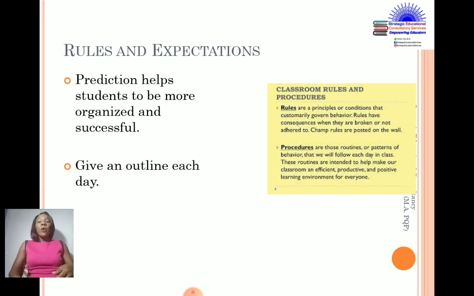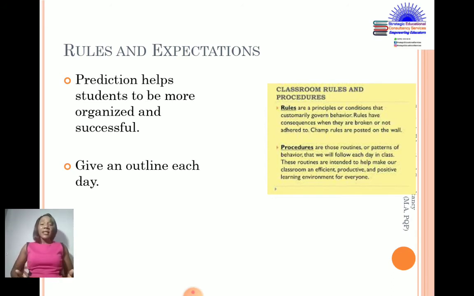You can move on to completing the activity, so they know what should take place each step of the way. And because they're able to predict what comes next, they become organized in their approach, and by being more organized, they have things well put together. It helps them to become more successful at what they do within the teaching learning environment.